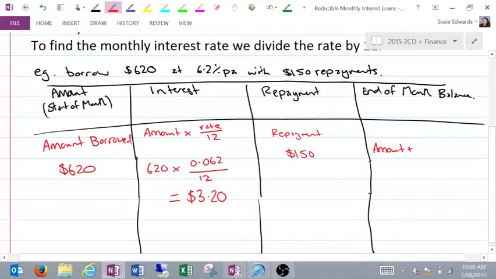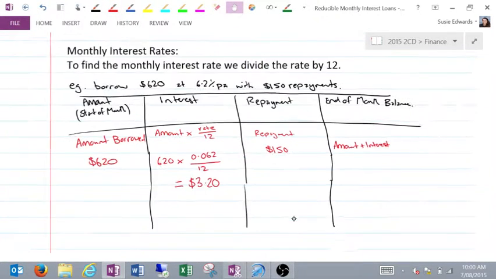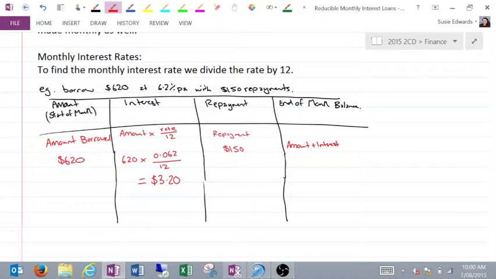Add plus interest. And do we add the repayment on or take the repayment away? Take the repayment. So for this one, it would be 620 plus $3.20, take 150, which equals?